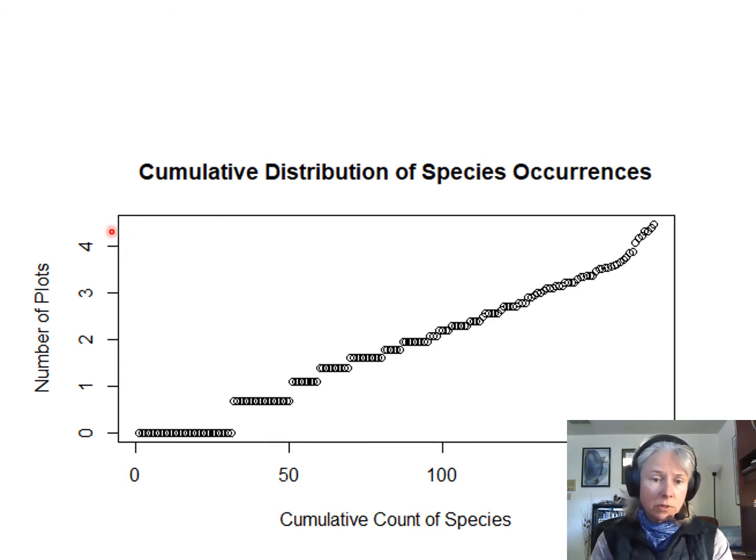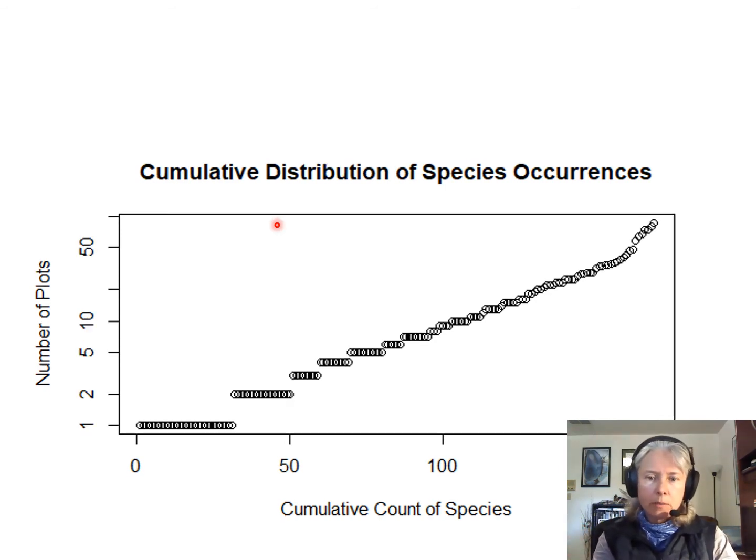Notice the difference is in the y-axis. If we'd applied this log function to the species abundances, you get this graph. But in general, what we want to do is keep the data in their original units for ease of interpretation. And so the first graph is preferable. So let's go back to it.